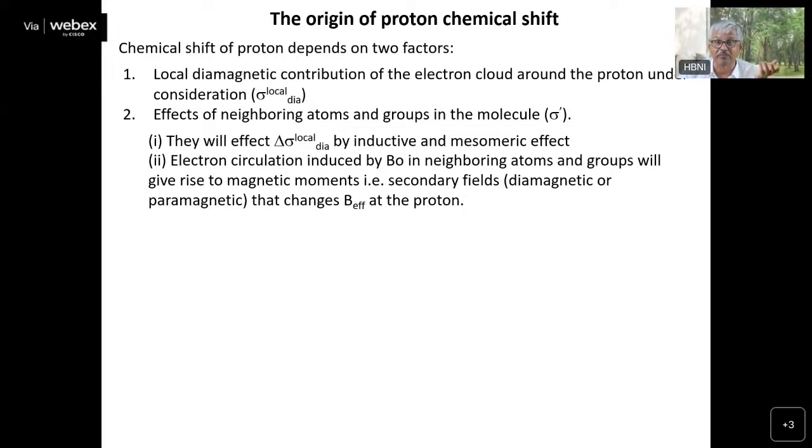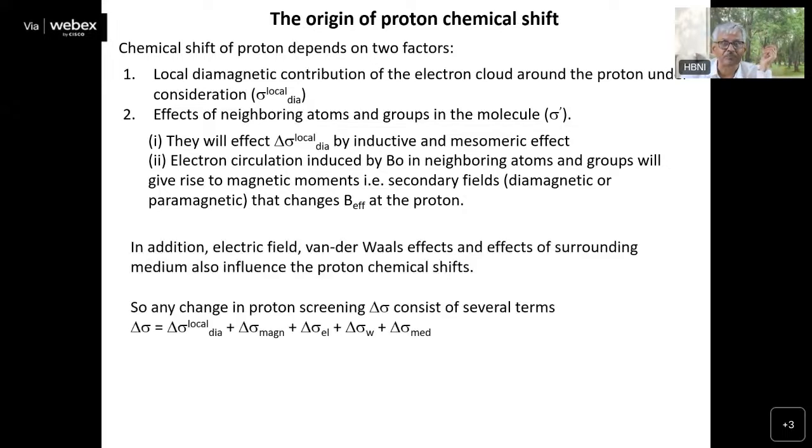But this secondary magnetic field could be diamagnetic, that means it can reduce the effect of the applied magnetic field, or it can be paramagnetic, so it can enhance it. So in totality, combining these two, you will see the effective field experienced by a proton which you are observing in the NMR.